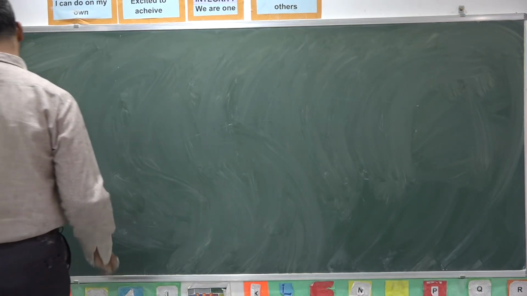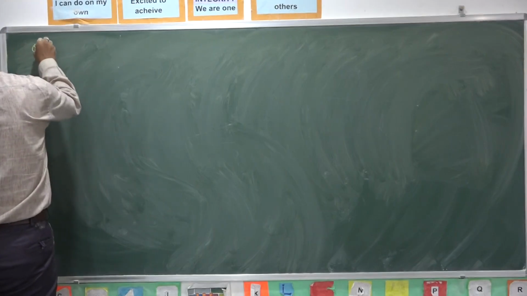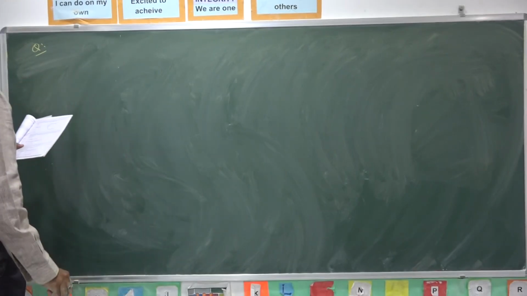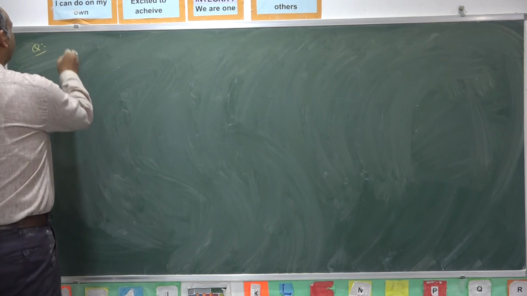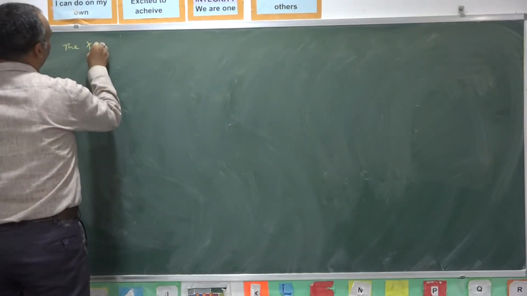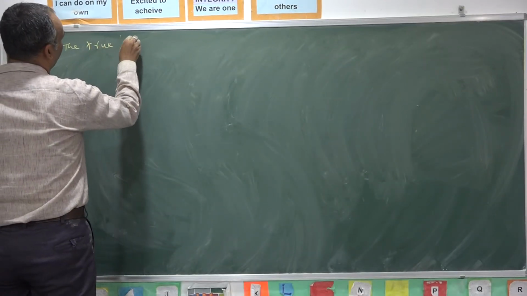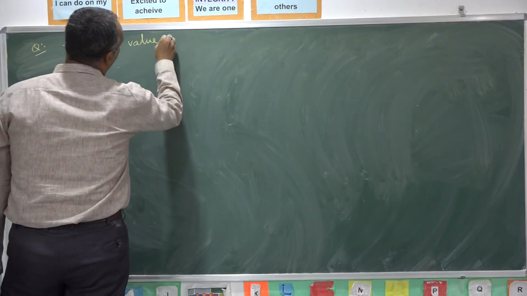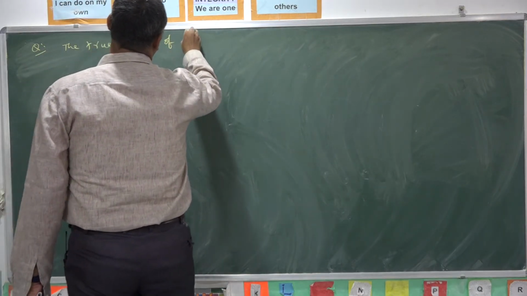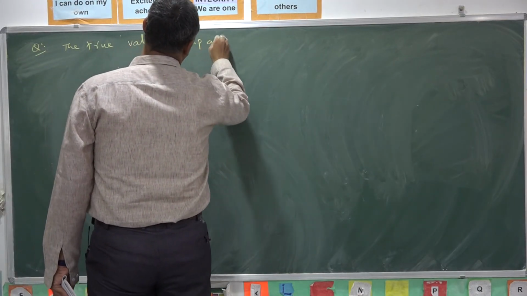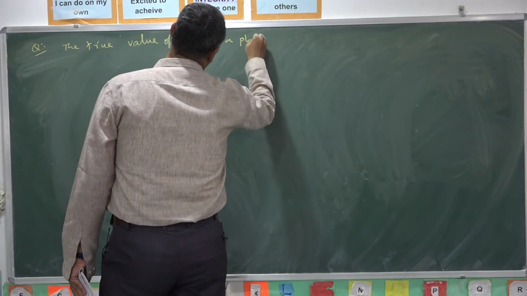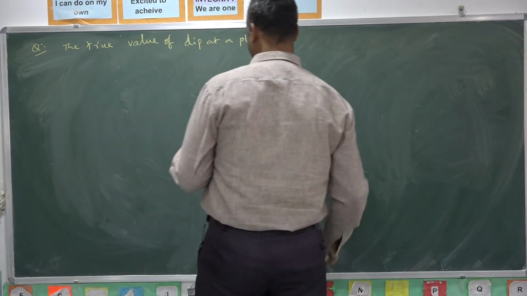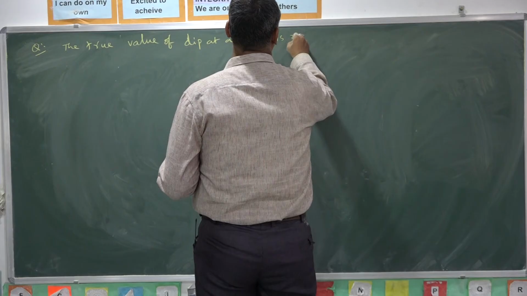The question says the true value of dip at a place is 30 degrees.